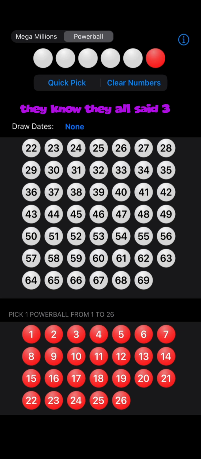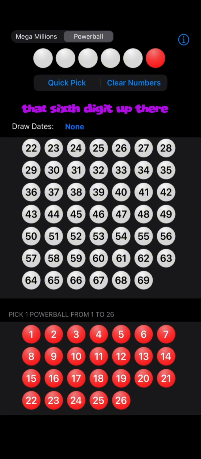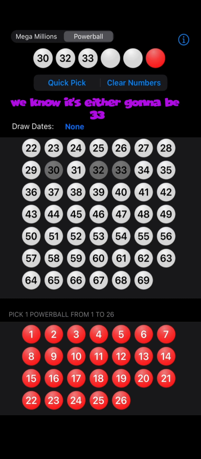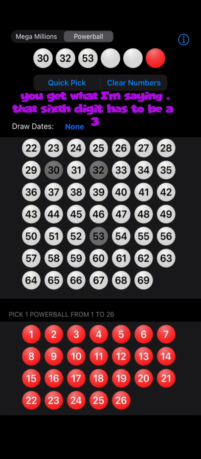And they all said 3. I'm feeling 3 on the 6th digit. All right, so we know that 6th digit up there is gonna be a 3. So depending on the ones before that, it's either gonna be 33, 43, 53, something like that. You get what I'm saying? That 6th digit has to be a 3, right?